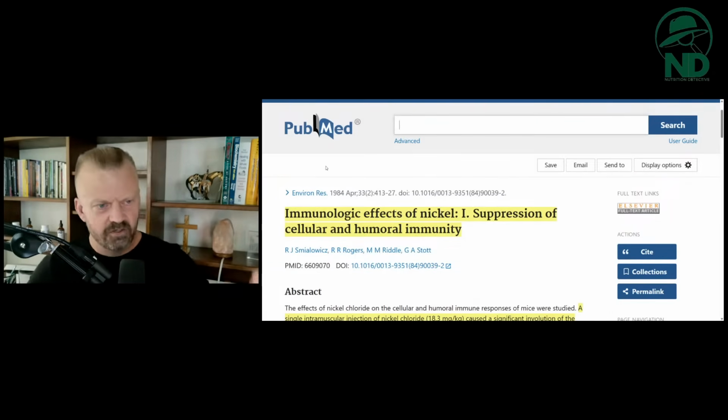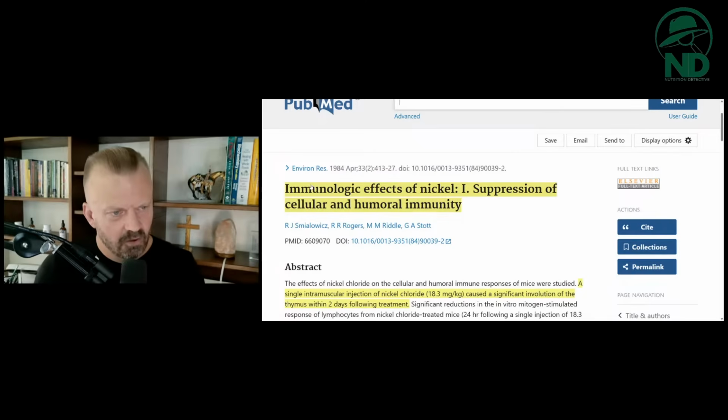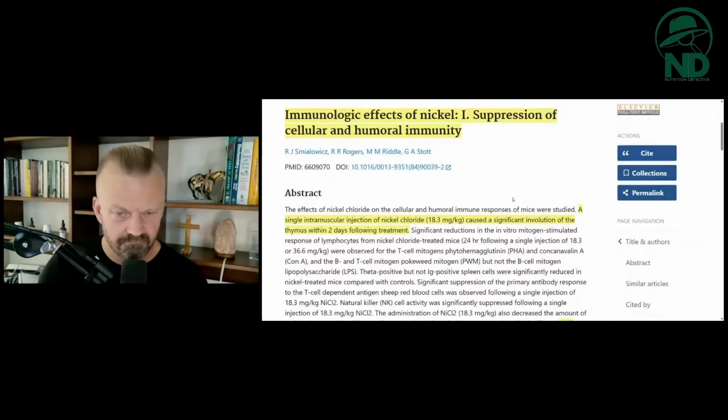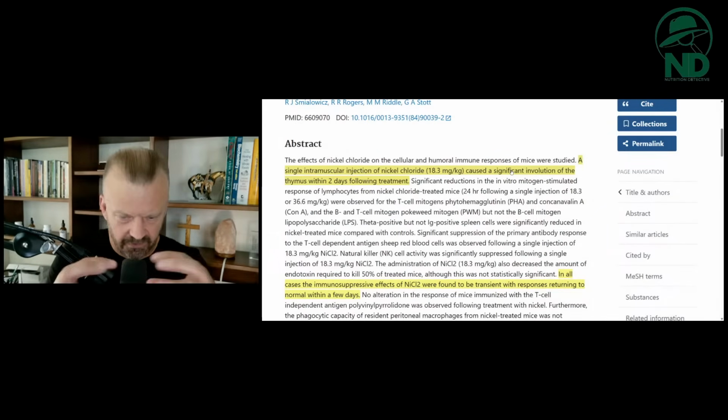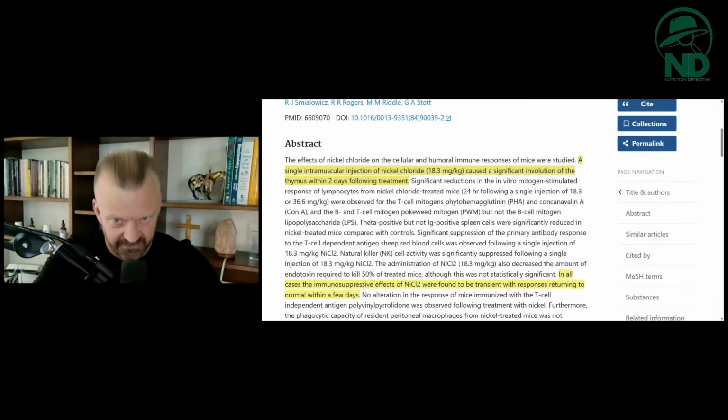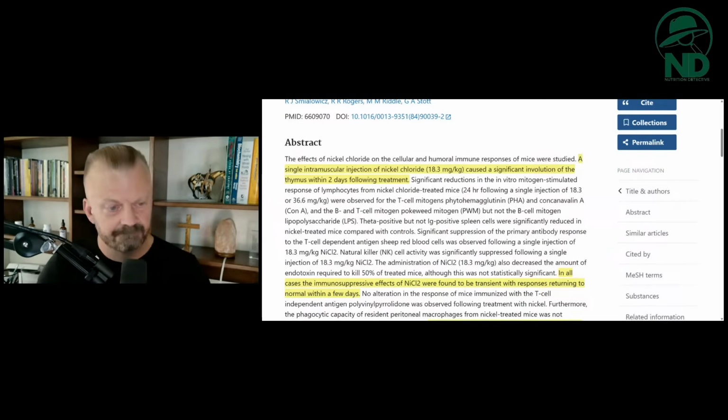I'm not going to spend too much time on this, but here we have the immunologic effects of nickel. Suppression, part 1, suppression of cellular and humoral immunity. That's like most of your immunity. I went over this in another live stream. A single intramuscular injection of nickel chloride causes significant involution, or like the thymus is turning in on itself. Okay.